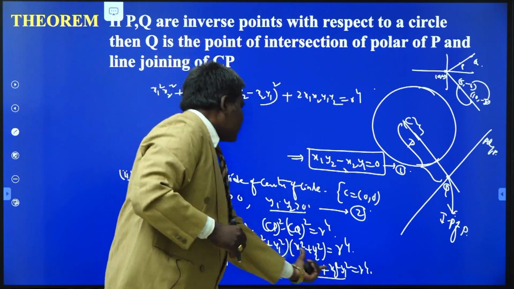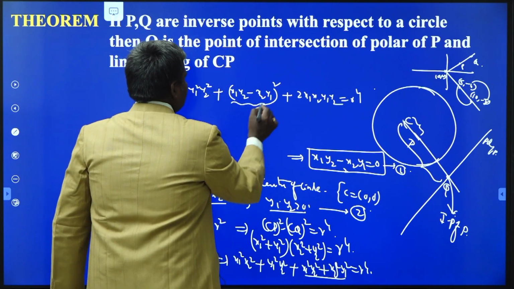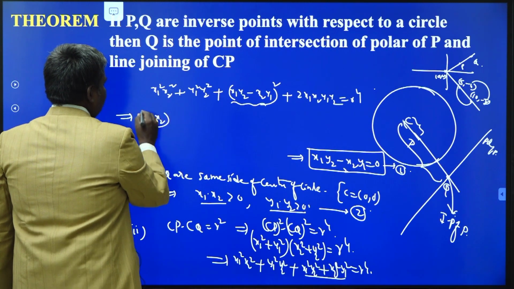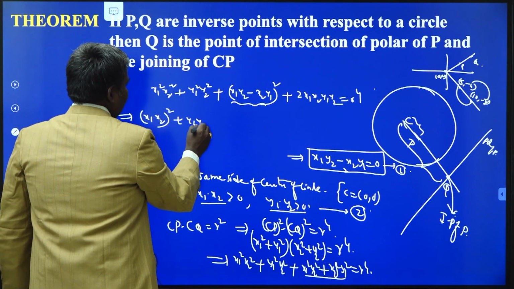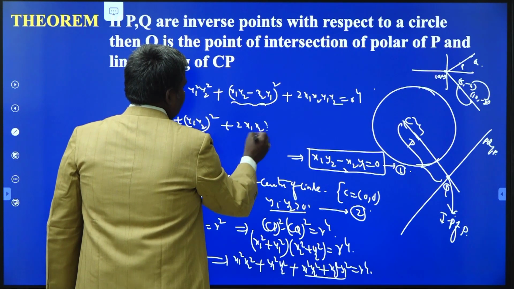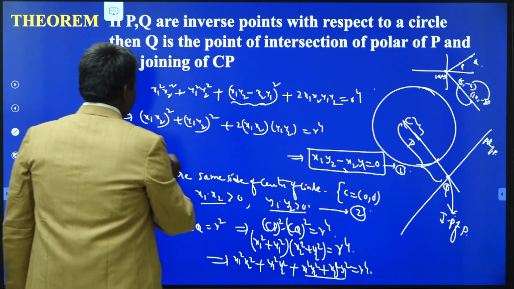So I converted this term in terms of this one. So this becomes 0. This implies (x1 x2) square plus (y1 y2) square plus 2 x1 x2 into y1 y2 is equal to r power 4.